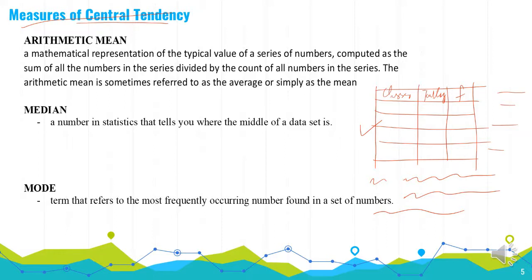To summarize the table, usually what we do is find the central tendency.